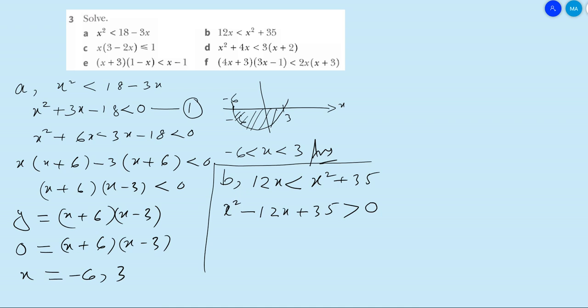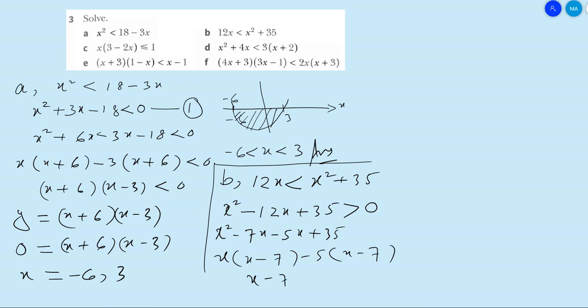Now factorize this. 35 ones are 35, and 7 fives are 35. So x square minus 7x minus 5x plus 35, taking x from the first two and minus 5 from the last two.